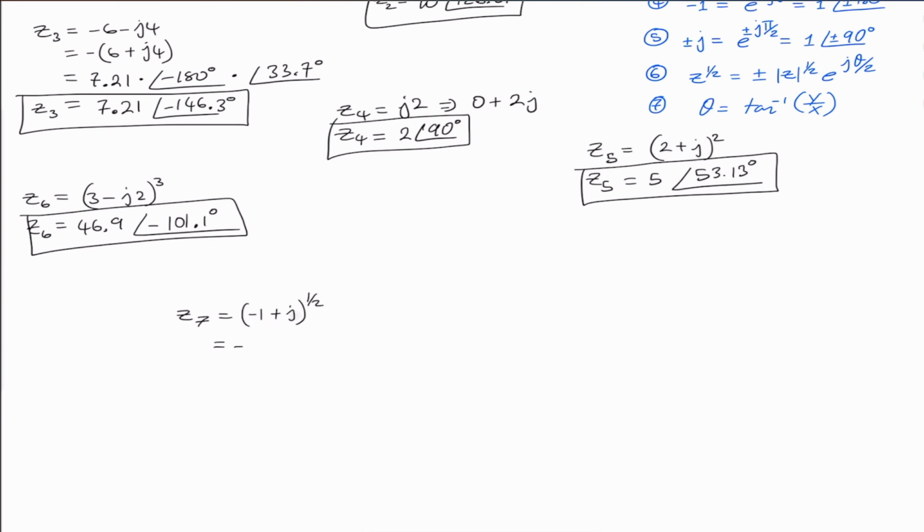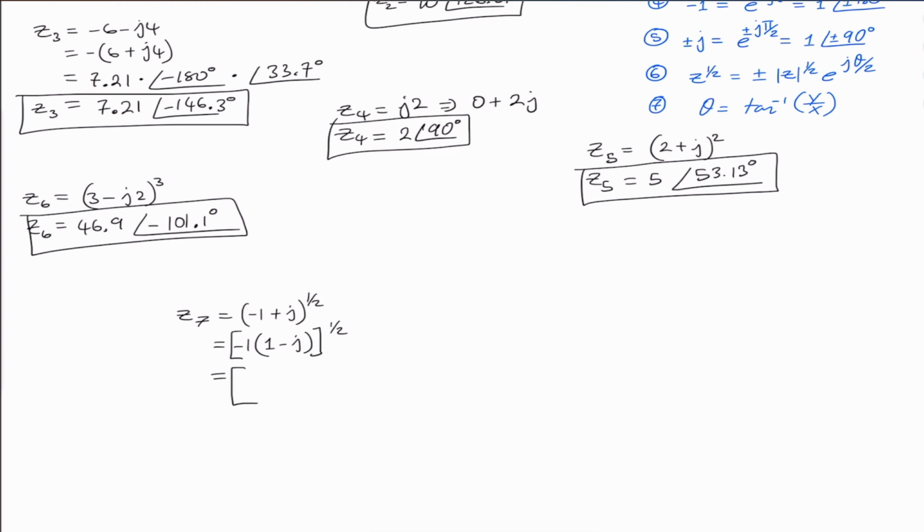So we can take the negative 1 out, and we end up with negative 1 times 1 minus j, to the 1/2. We still have that. Let's take the magnitude first.